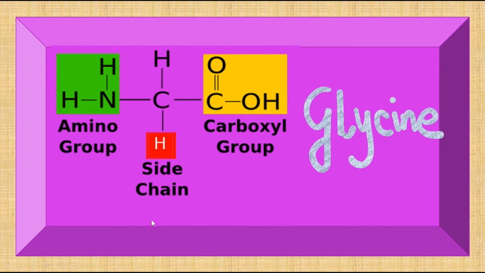So please remember the basic structure of amino acids. Whenever a carbon is bonded with an amino group, carboxyl group, hydrogen, and any other R group, it can be hydrogen or any other group, then we call them amino acids.